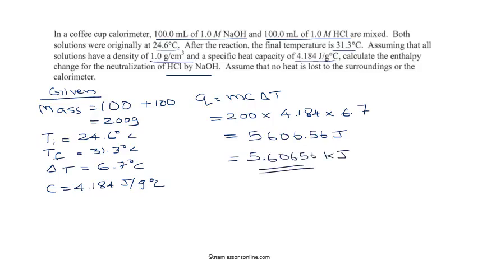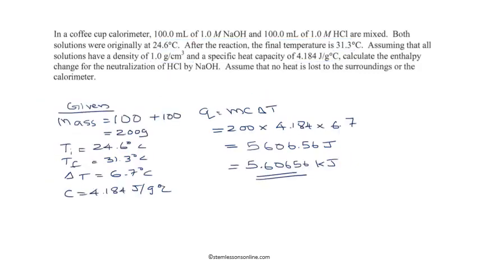All right, so that is Q. Now we have to calculate delta H because the question is asking us to calculate the enthalpy change. So delta H is Q over n, where n is the number of moles of the limiting reagent. So here HCl plus NaOH will give you NaCl plus water.